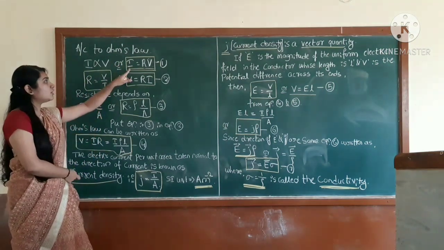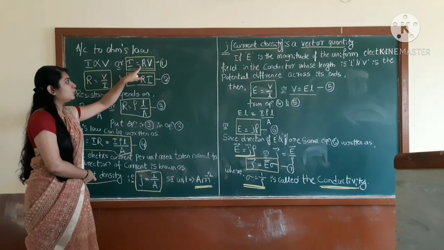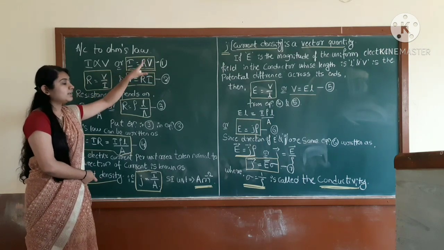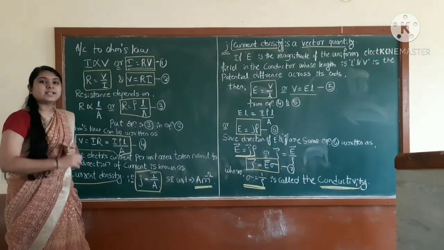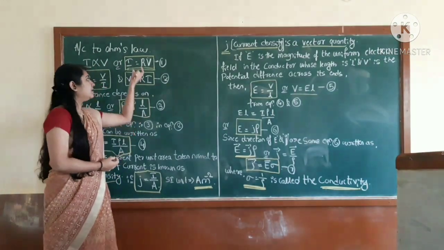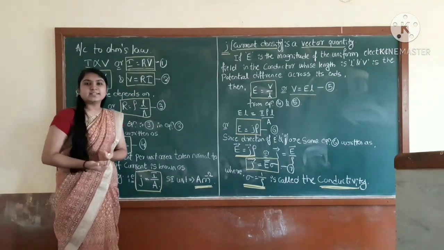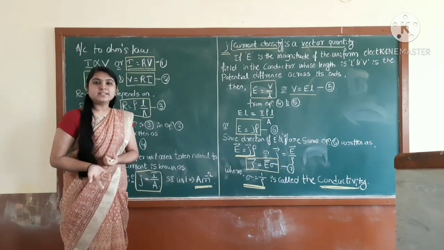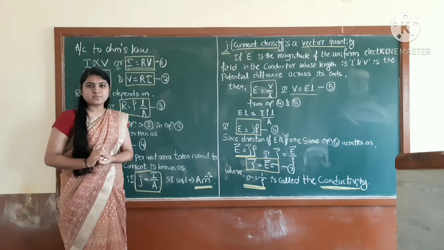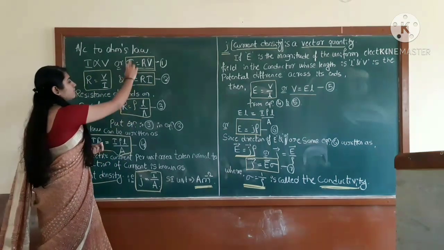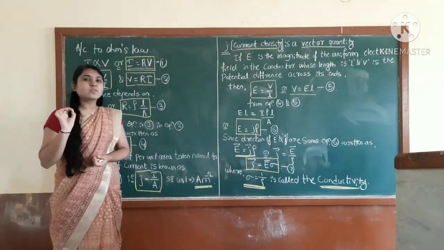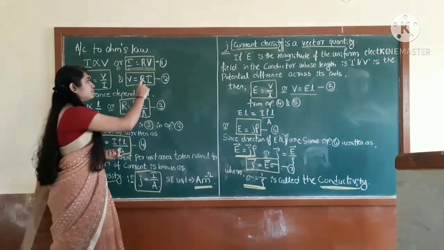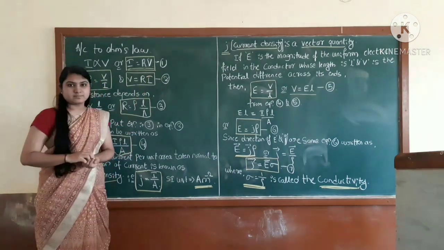So we can write I is equal to V over R. Why do I write R here? Because to remove this proportionality constant, we write one constant, that is R. R means what here? Resistance, right students? So this is the mathematical equation of Ohm's law. Take it as equation number 1.